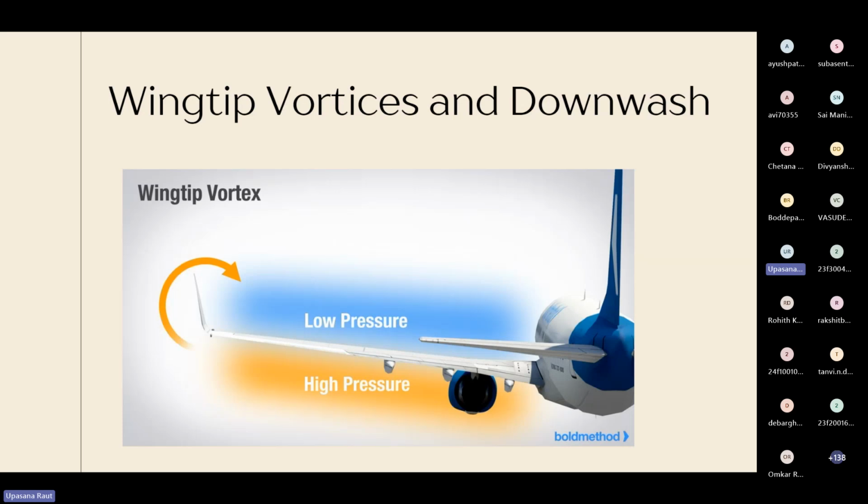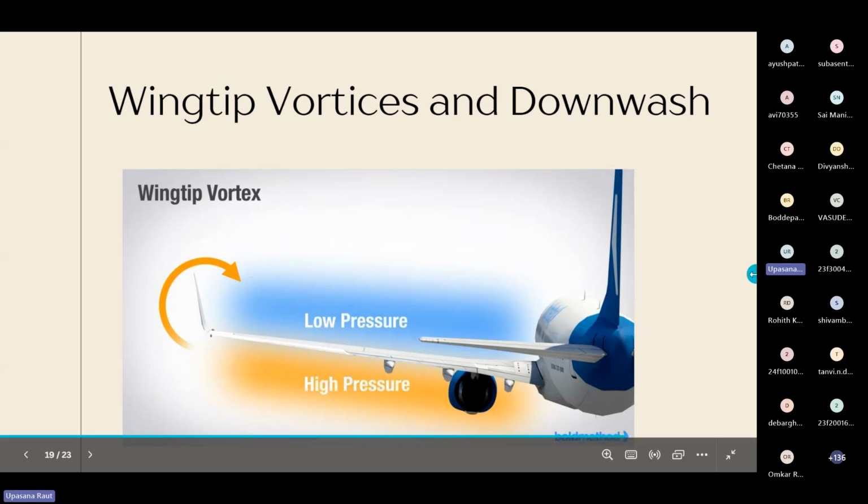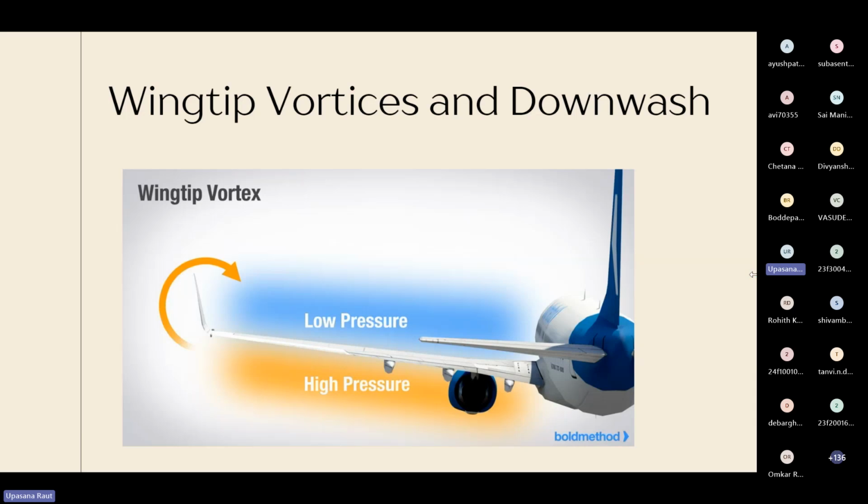This will create a curl around the wing, and the air goes from the high pressure region towards the lower pressure region. This curl is basically called wingtip vortices.